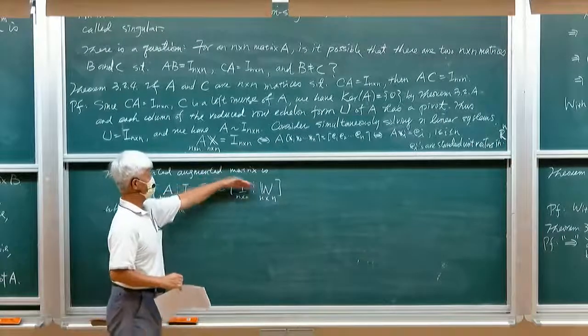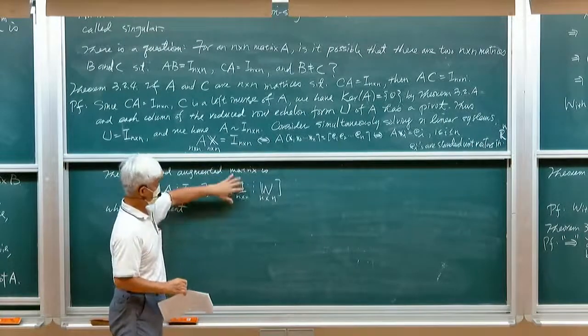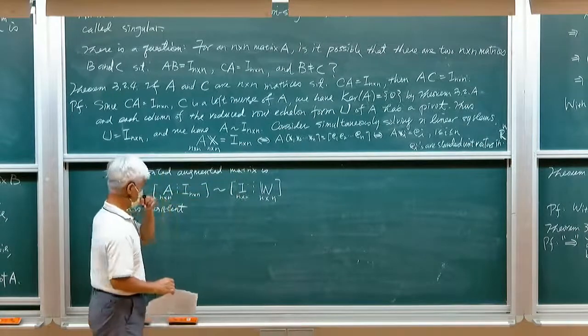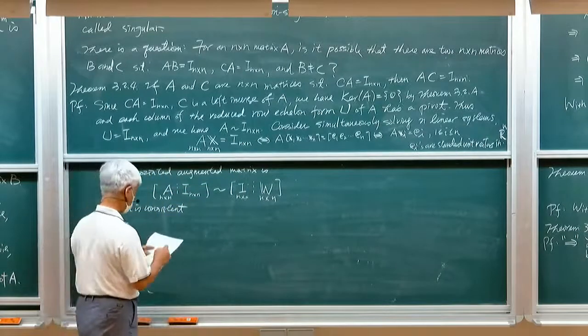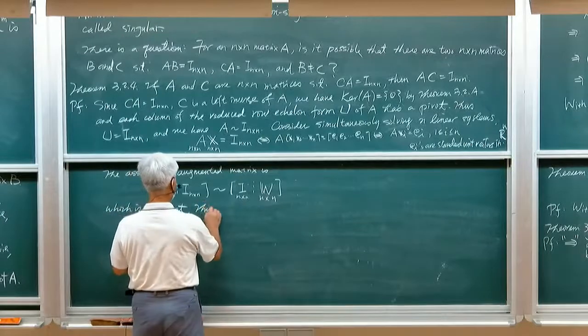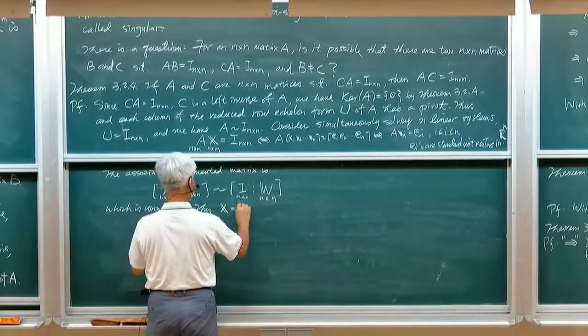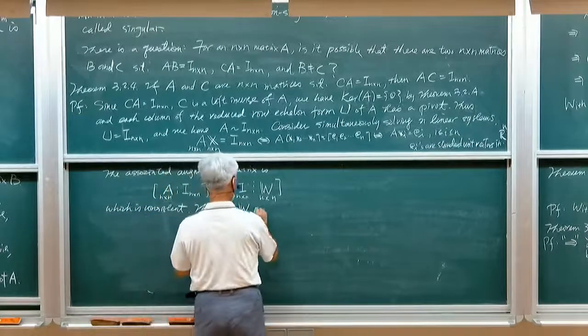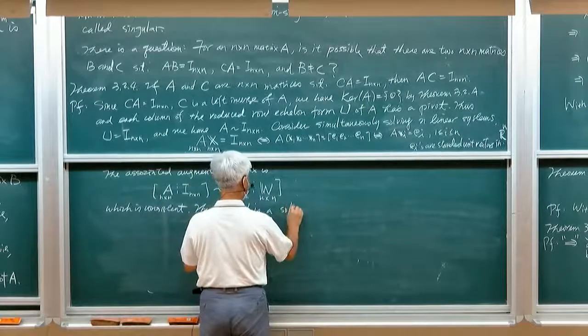Because the reduced row echelon form has no zero rows. So that the X matrix is a solution.